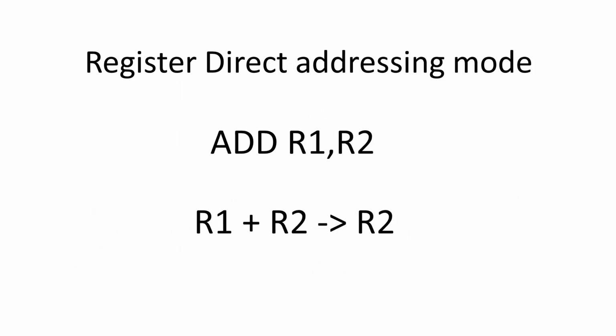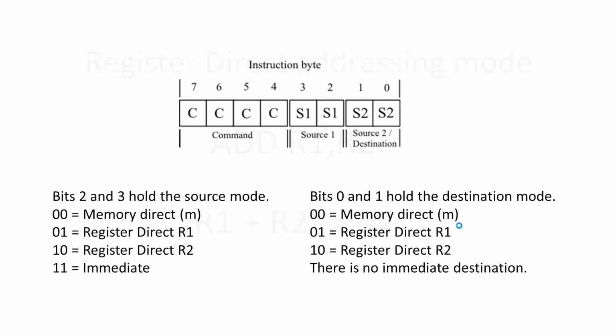Now, if we actually look at that instruction, well, there we go. Add R1 to R2. So this will be a 1 byte instruction. We take the value of R1, add it to R2, and then move it to R2. So source 1 will be 0, 1, and source 2, which will also be the destination, is R2, which would be 1, 0.